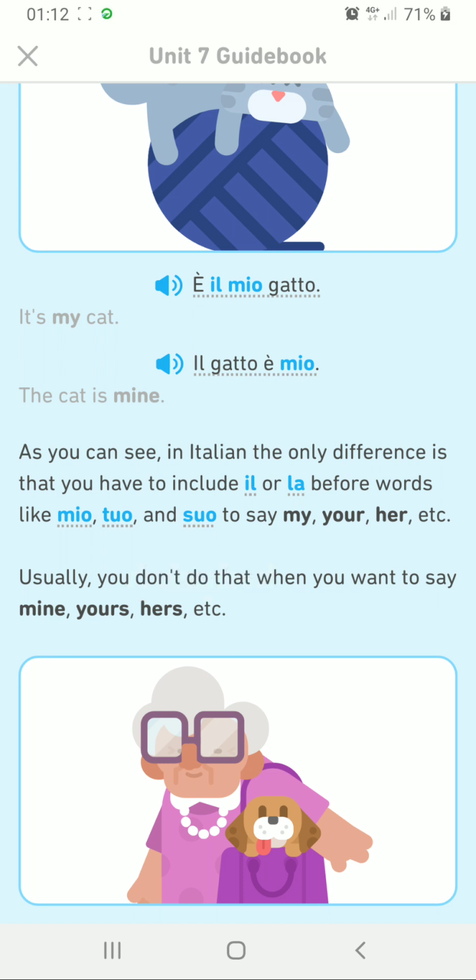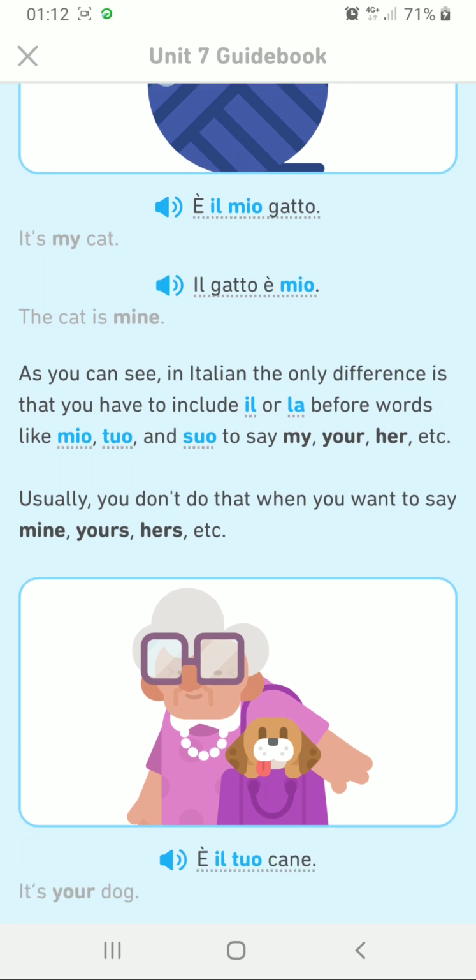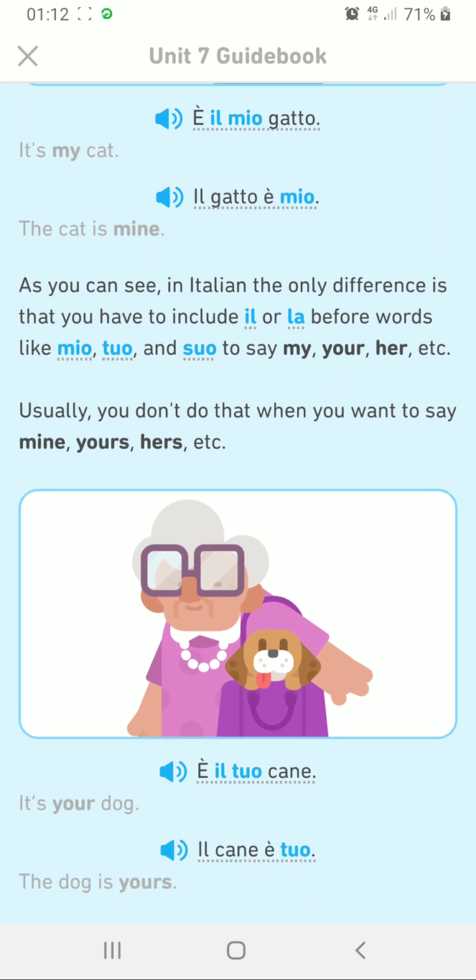In English, for example, you don't put these articles when you want to say mine, yours, and hers. That's the difference.